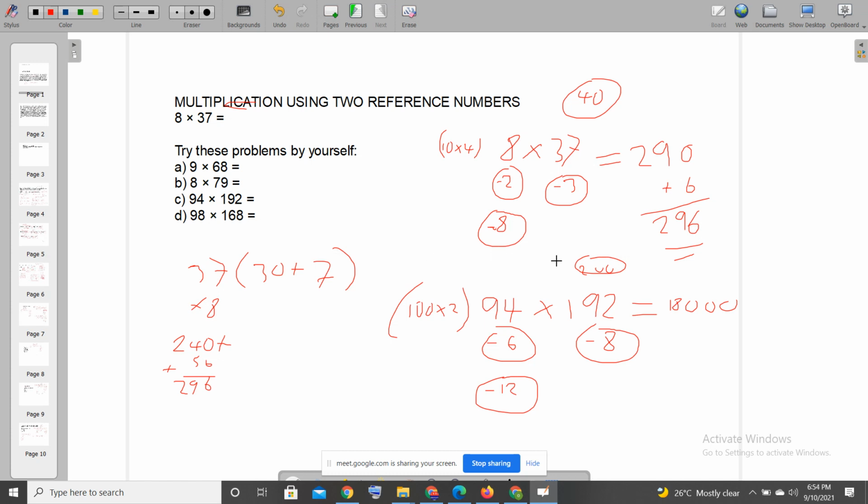For the 37 plus 8, the 30 plus 7 plus 8. The one other, you wrote 240 and what number else? This one. No, the one beside it, the one you did after this one.